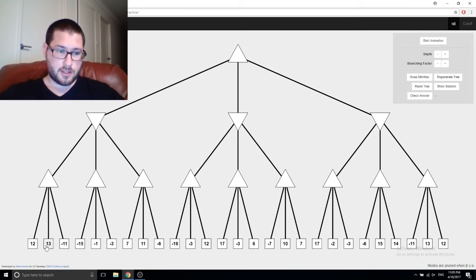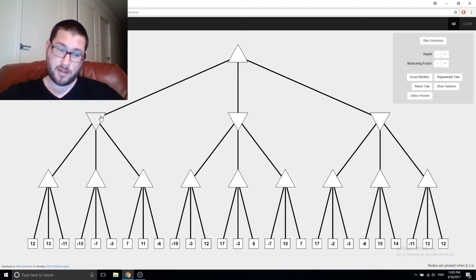And then you check this next branch, and you see that 13 is actually higher than the updated alpha value, which is 12. And so the alpha value for this node gets updated yet again, and beta remains the same. These maximizing nodes don't actually change beta. They only change alpha. And the reverse is true for the minimizing nodes.